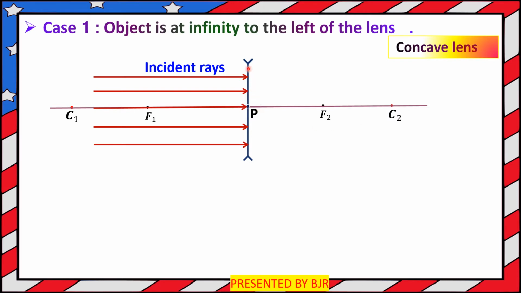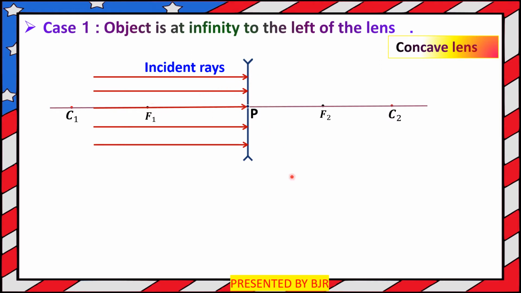We know that this lens is a diverging lens. Concave lens is a diverging lens. So all the refracted rays appear to be coming from a point on the principal axis.